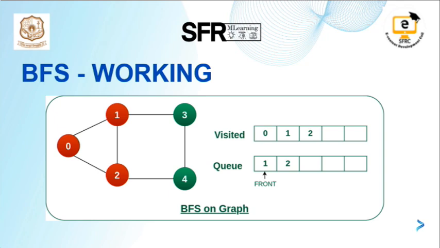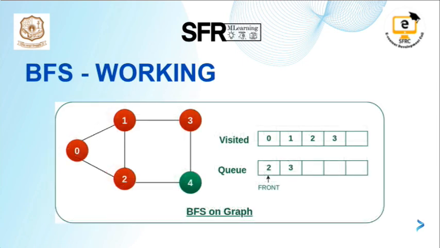The unvisited neighbors here are 1 and 2. Now remove 1 from the front of the queue and visit the unvisited neighbor of node 1, that is 3, and push it into the queue.